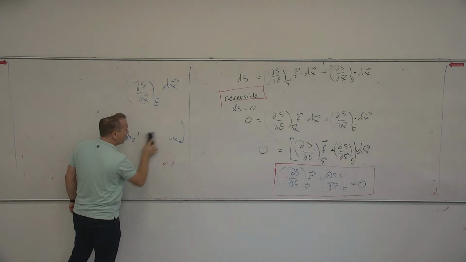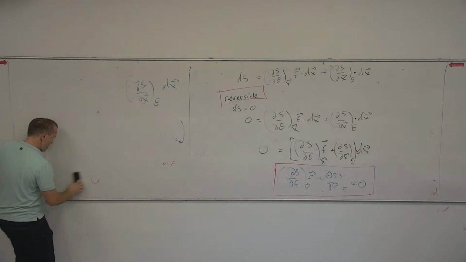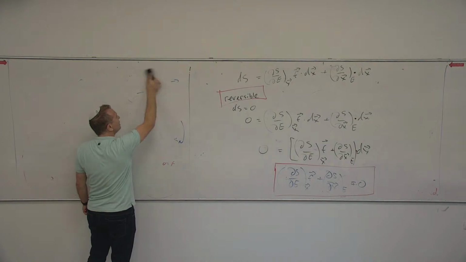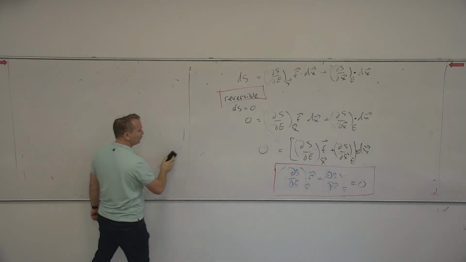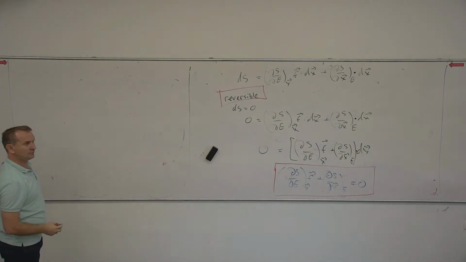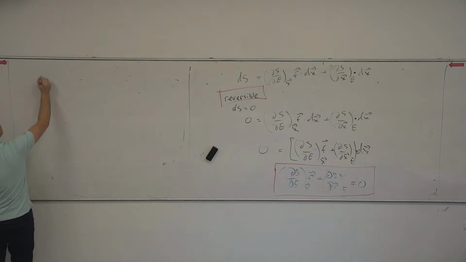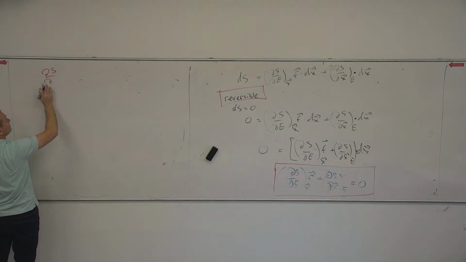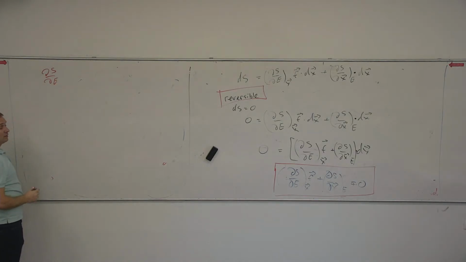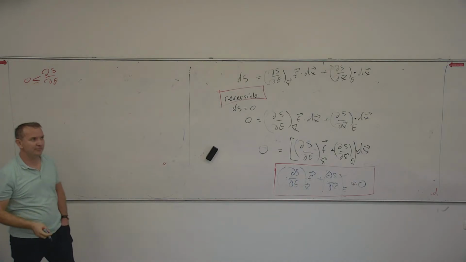remember what we said about entropy. Entropy is a monotonic growing function of energy. Okay. So ds/dE is greater than 0. Let's say greater than or equal to 0.